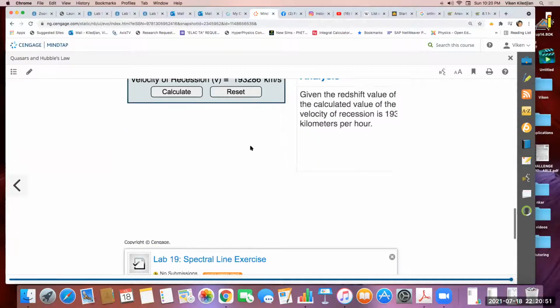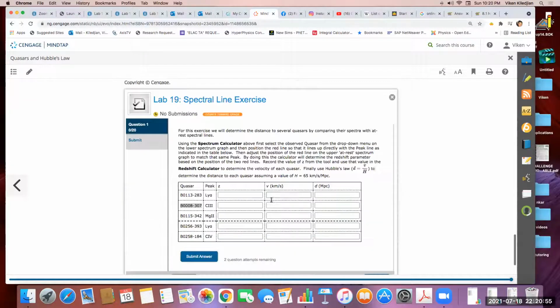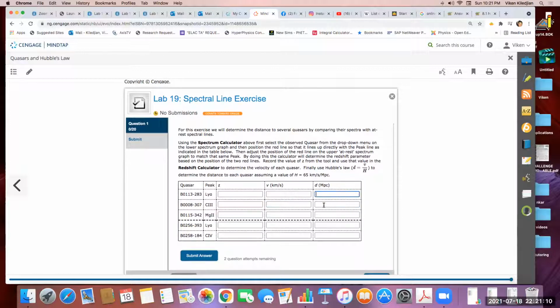Okay, then you take that and you put all that information. So that one, you take a snapshot of that. Then you put that information here. You put the Z that you got. You put the V, and then knowing the V, you divide the V by the H to get the D. Then you put that number here, and then show your work for these 1, 2, 3, 4, 5.